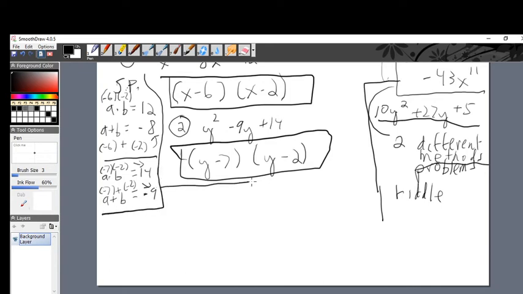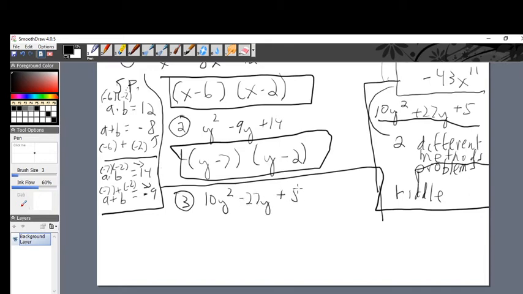And we've got all this space to work with if we need it. Problem number 3 is to factor 10y squared minus 27y plus 5.